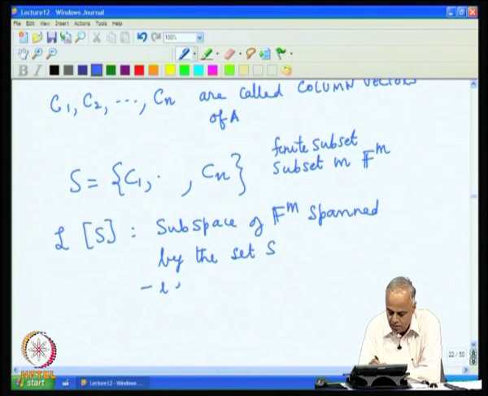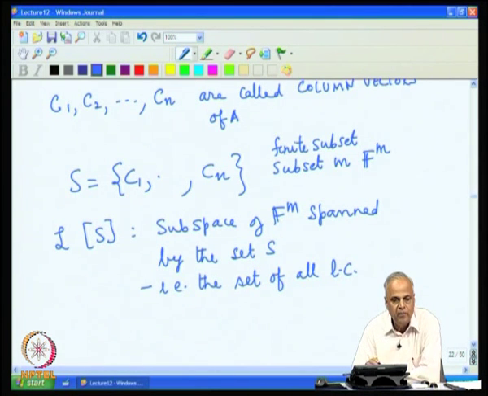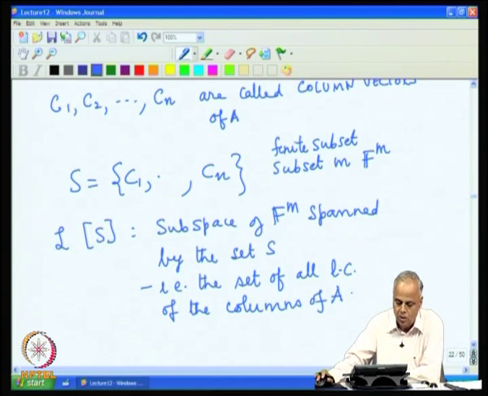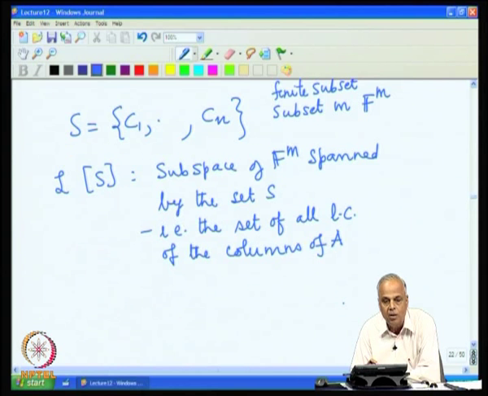That is the set of all linear combinations of S vectors, but the vectors in S are the column vectors. So, linear combinations of the columns of A. So, what is this subspace? It is the subspace of all linear combinations of the columns of A.